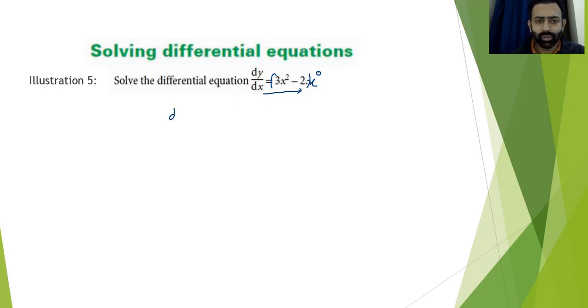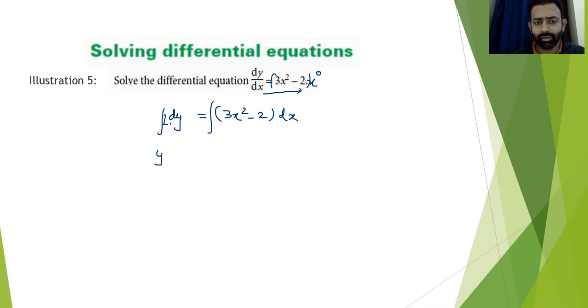When I do this, you will get dy is equal to (3x squared minus 2) dx. Now I have separated the variables, and I can integrate this. Integrating dy, there is no y here, but there is a constant 1 multiplying dy.